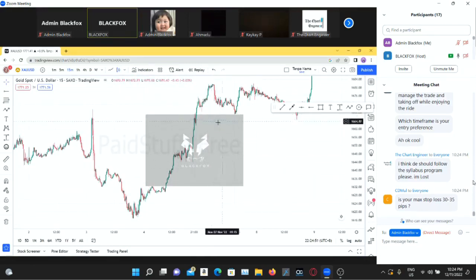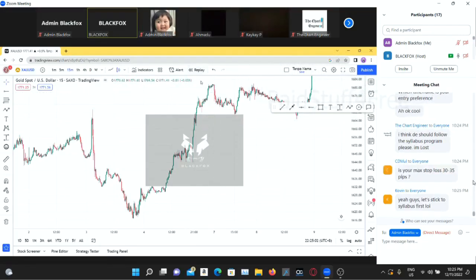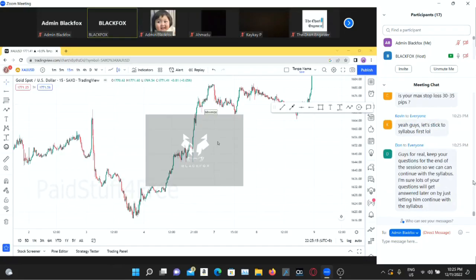So my SL is just 20. If your spread is around 22 or 23 points, just add more to your stop loss, so it will be 22 pips or 23 pips. That is my stop loss.